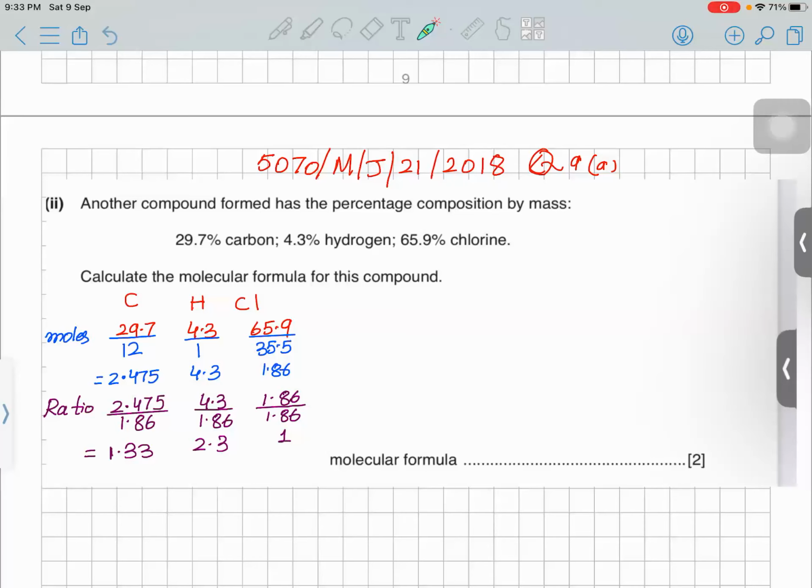No, we need a whole number, right? Multiply by 5, then 2.3 multiplied by 5 is 11.5. No, that is not a whole number either.